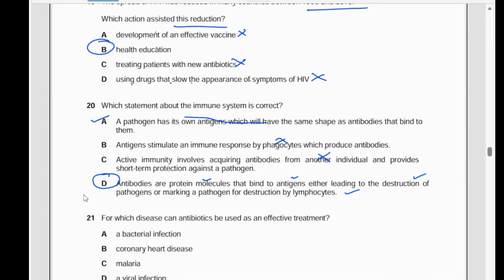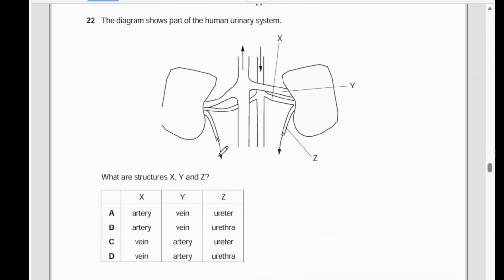For which disease can antibiotics be effective? Just now we have discussed bacterial infection. Next one is related to the excretory system. This one is the renal vein and this one is the renal artery.